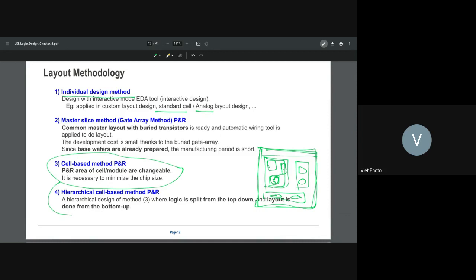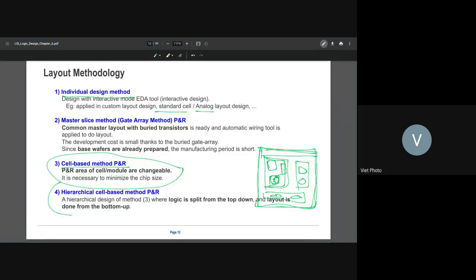the number 4. Number 3 and number 4 are not exclusive. Number 4 is using number 3, because this one is not, oh, you have the cell-based method. It's not the same as the hierarchical cell-based method.